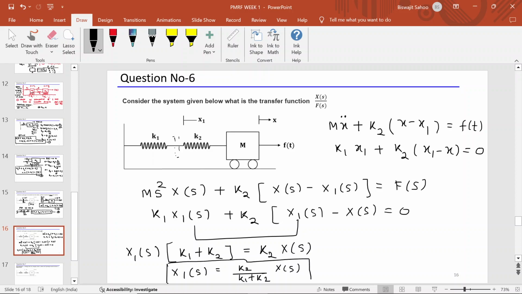Now just put this X1 of s in the equations. I'm giving you equation numbers: this is 1, this is 2, this is 3, and this is 4. Putting this X1 value in equation number 3, all the terms will be in terms of X and F, so you can find the transfer function. I think it's clear.